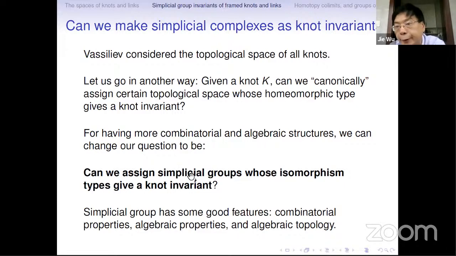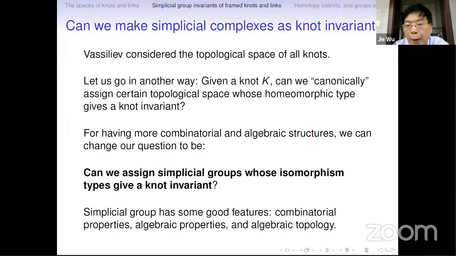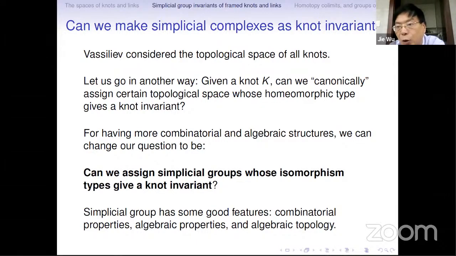Simplicial groups are, in some sense, a combinatorial model for loop spaces. So the idea here is: given a knot, can we make a simplicial group? Well, we'll see it is possible.